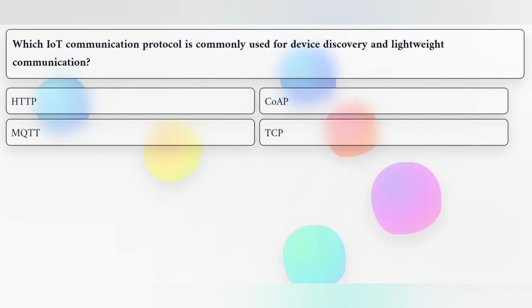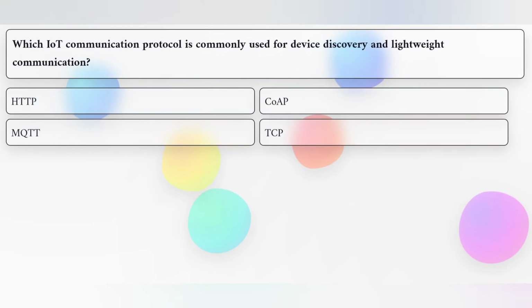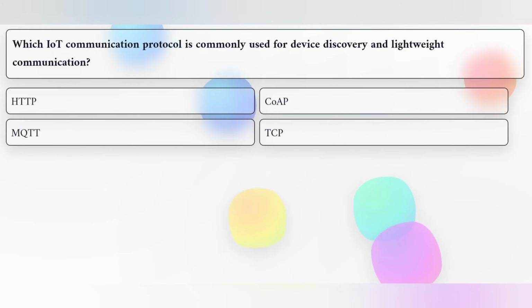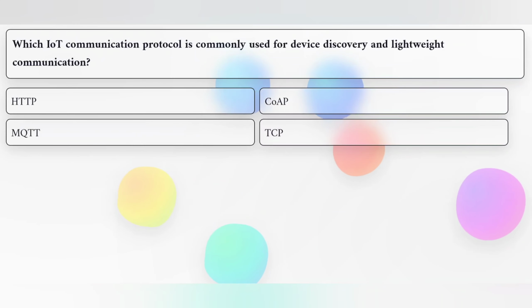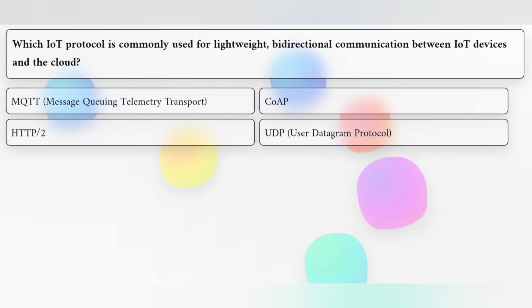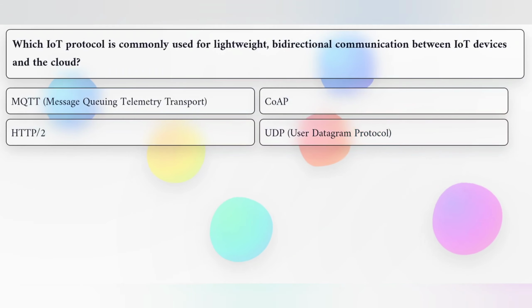Which IoT communication protocol is commonly used for device discovery and lightweight communication? HTTP, CoAP, MQTT, TCP. Which IoT protocol is commonly used for lightweight, bidirectional communication between IoT devices and the cloud?